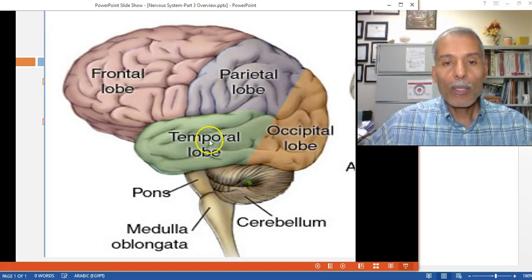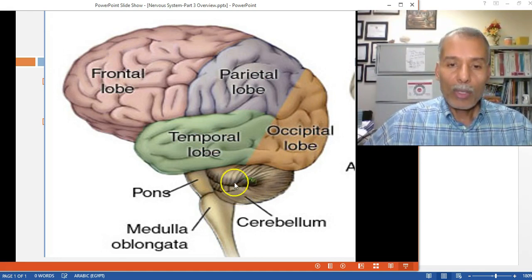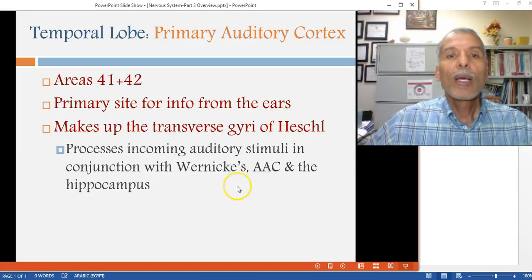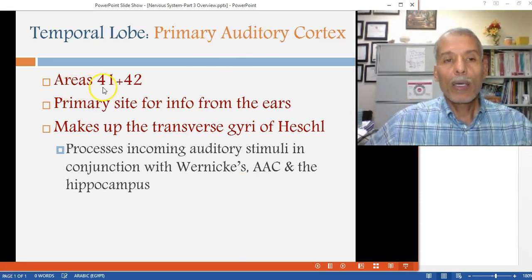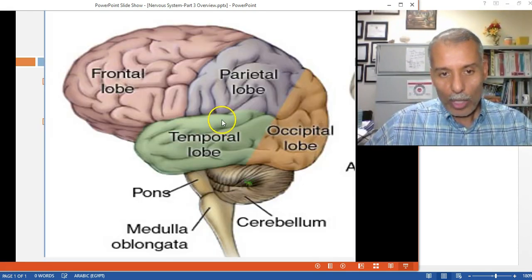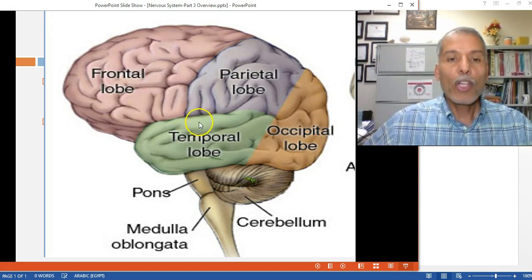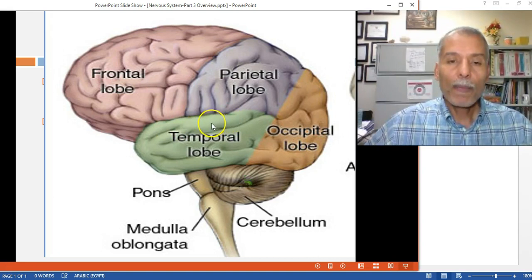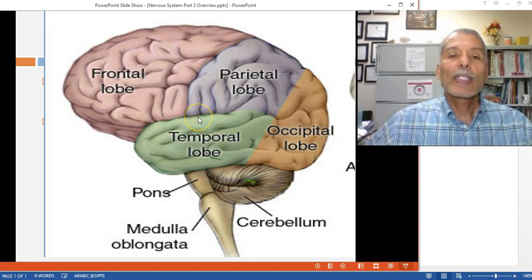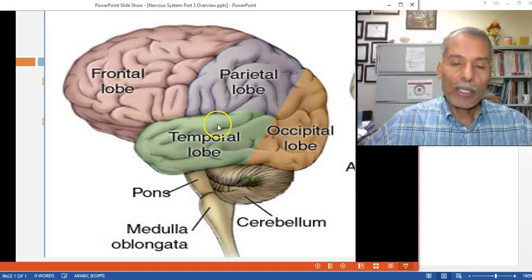So frontal lobe, parietal, temporal, occipital. And now here's the cerebellum. The primary auditory cortex, the area is called, it's in the middle temporal lobe, the area that we call the primary auditory cortex, again, in the superior temporal gyrus, in the center of the superior temporal gyrus.